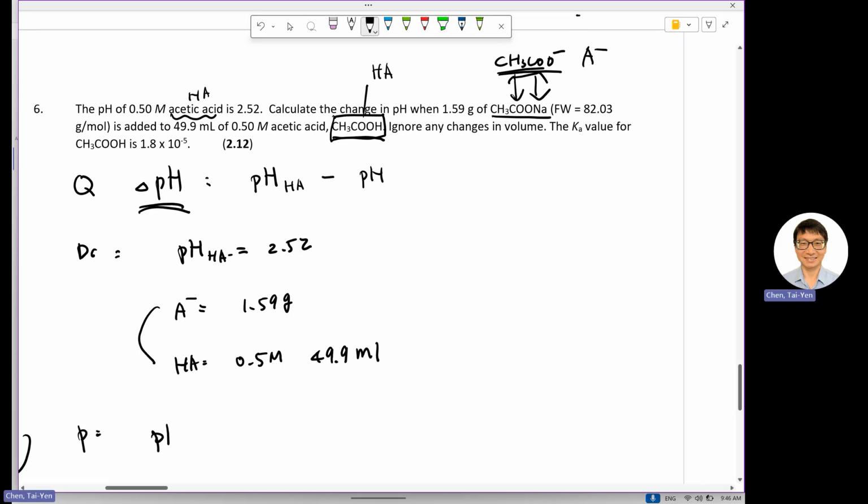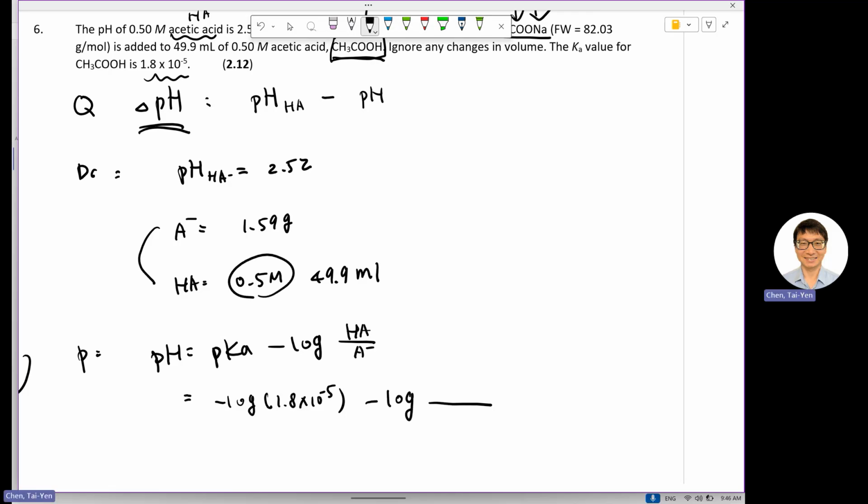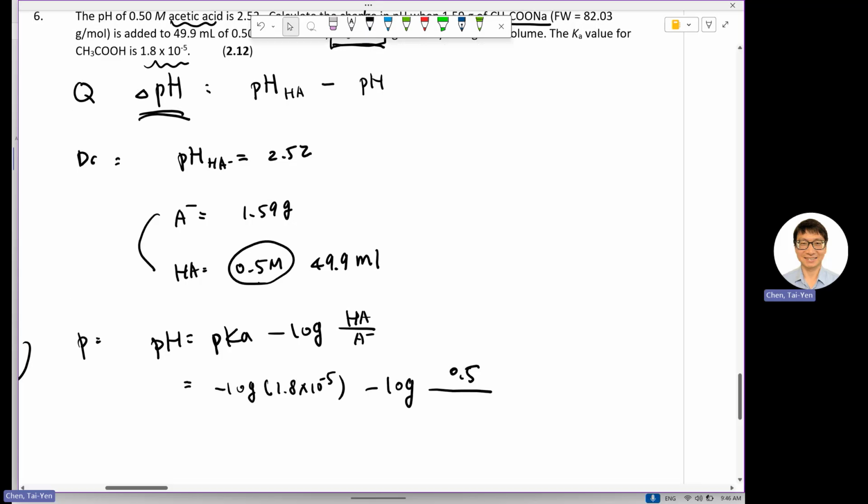Therefore, the pH equals pKa minus the log of the conjugate acid over base concentration. Ka is given, so negative log of 1.8 times 10 to the negative 5, minus the log of acid concentration, which is given. Base is not, so you have to calculate it.